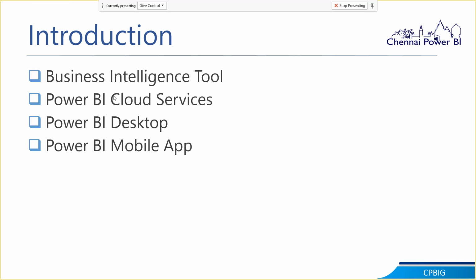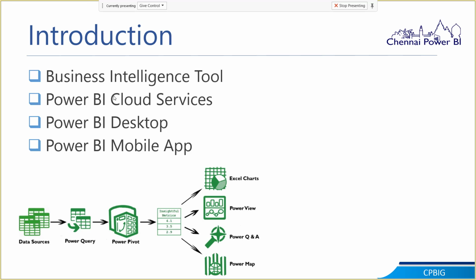Alright, so the introduction. This is a business intelligence tool, and as part of Power BI we have three components: Power BI Cloud Services, Power BI Desktop and Power BI Mobile App. When we compare with other business intelligence tools in the industry, Power BI is getting better and better because they keep releasing features every month. The features are not just for Power BI Cloud Services, they are applicable for Power BI Desktop and Power BI Mobile App. So if there is an update, you need to download the latest Power BI Desktop and you can utilize all the latest features.